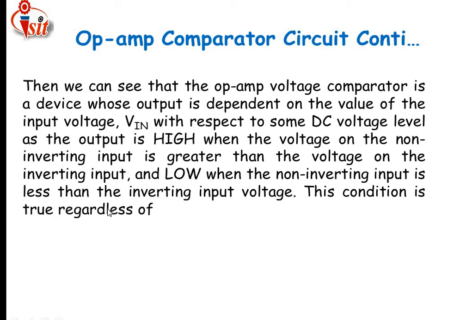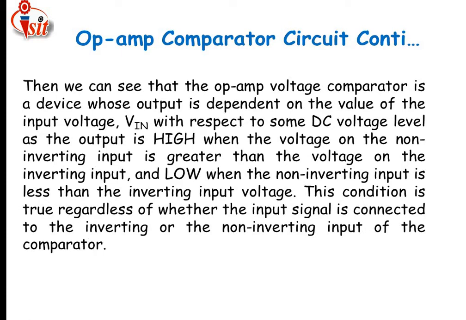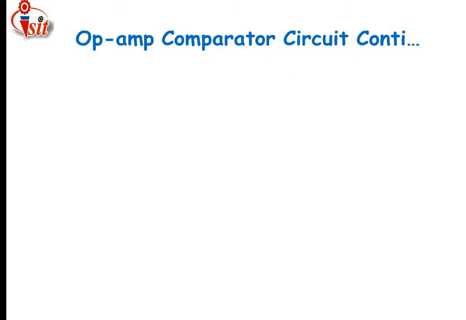This condition is true regardless of whether the input signal is connected to the inverting or non-inverting input of the comparator. That means the connection of the input voltage is a very essential parameter while considering the comparator, in comparison between two input voltages.